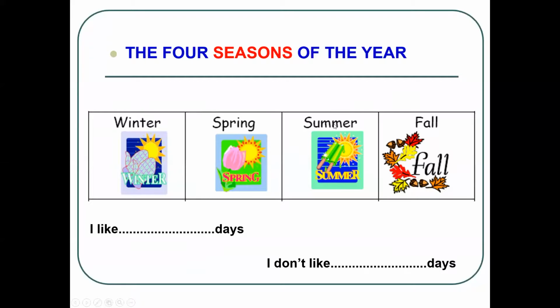Repeat summer. Summer is end of May to probably August or September. Repeat fall. Fall is usually September to November time, early November. We also can use the word autumn. Repeat autumn. The same as fall.